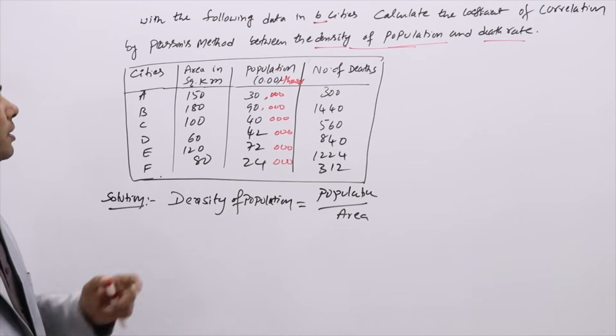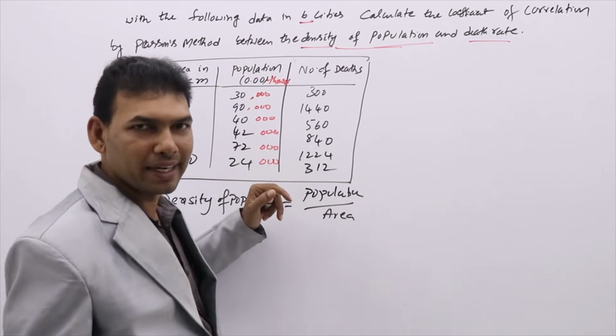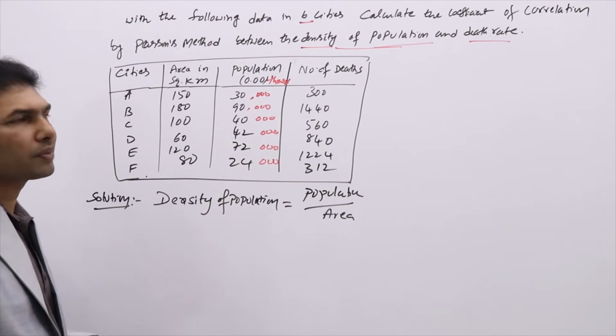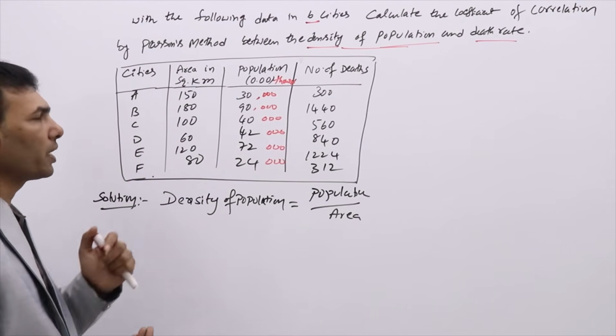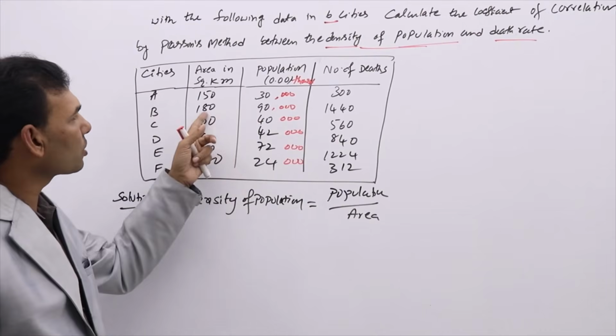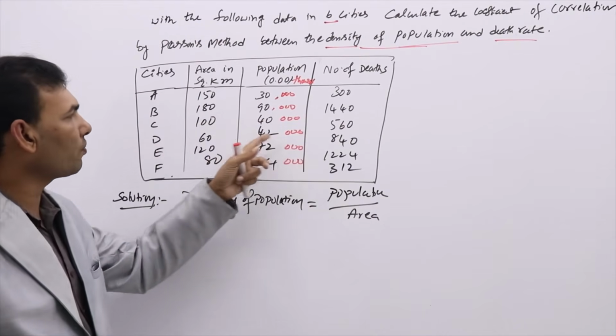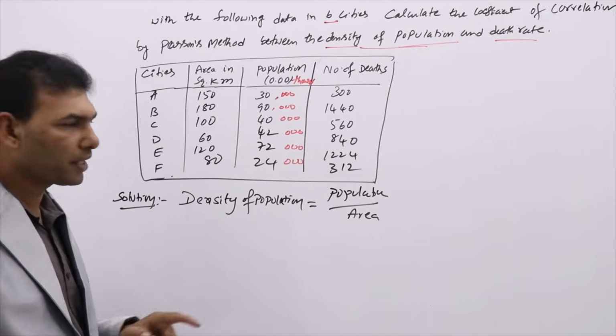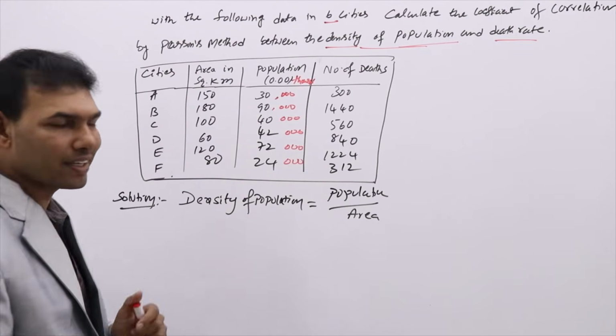Then you will get the population density for city A, 200. Like that: 90,000 by 180, 40,000 by 100, 42,000 by 60, 72,000 by 120, 24,000 by 80. Like that you can calculate density.